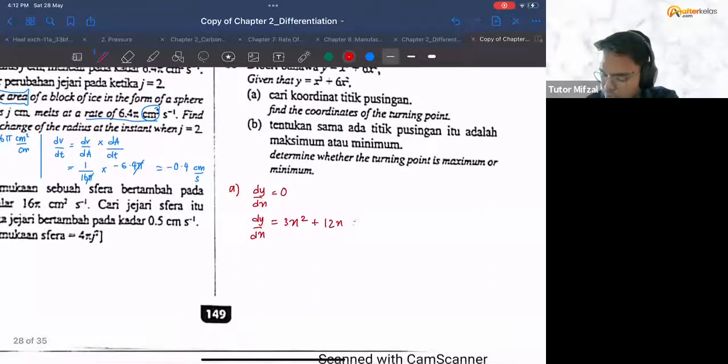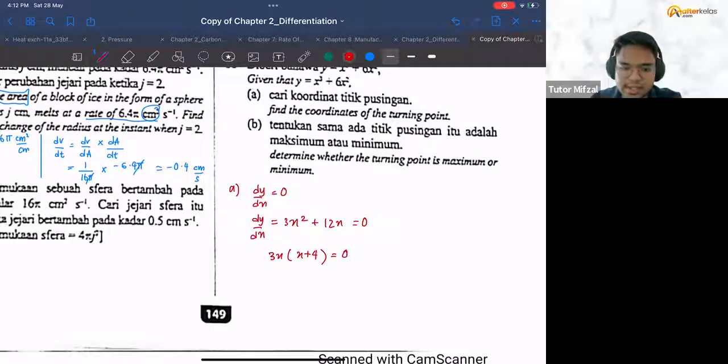Then we have to make it equivalent to 0. Now, when we make it equivalent to 0, we have 3x squared plus 12x. We have to factorize this. So 3x times x plus 4 equivalent to 0.